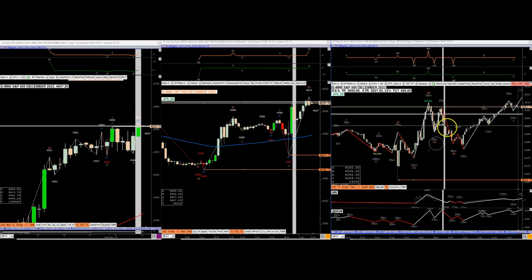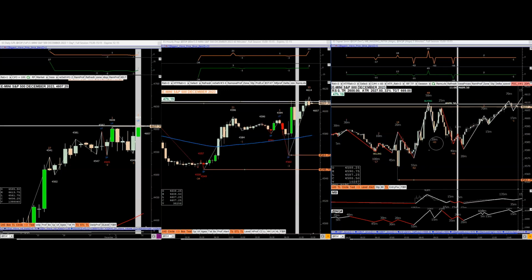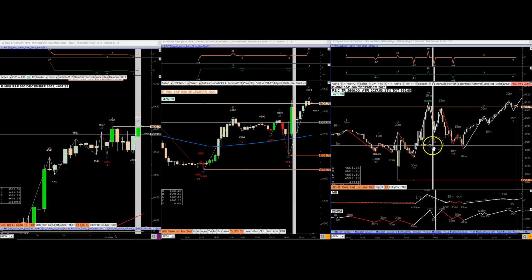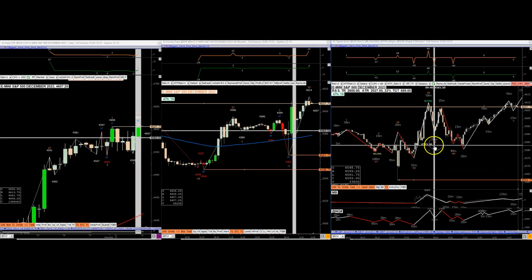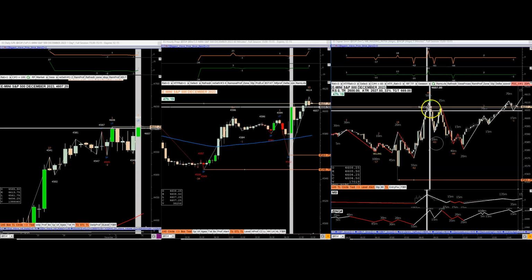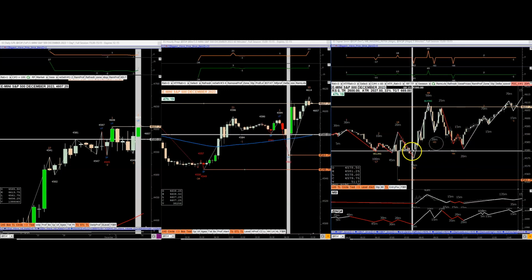You don't really know if this is going to take out this low or not, right? So it's like, what do I do? You have heavy buying and heavy selling here: 49 on the buying, 43 on the selling. That is why when it pulled back and retested the high, the sellers were still there and it went all the way to the low.